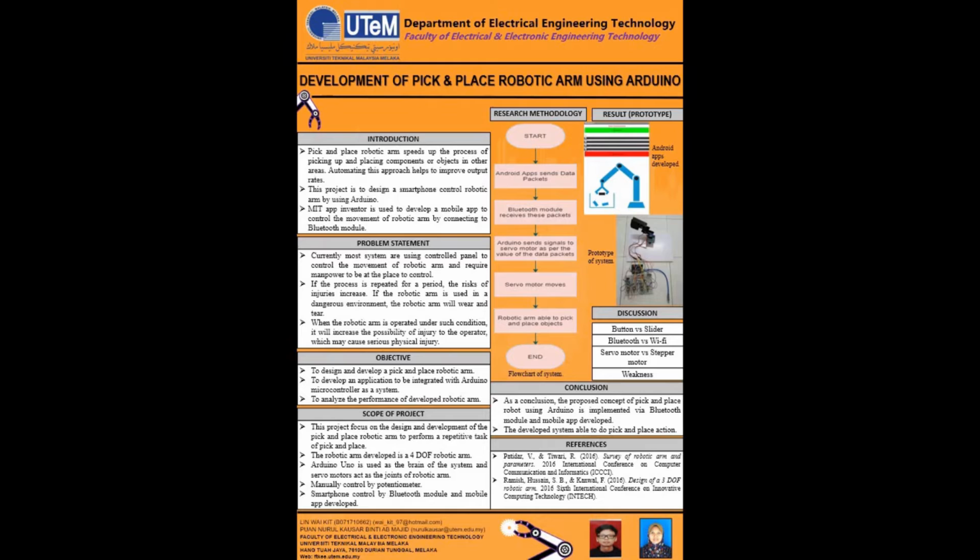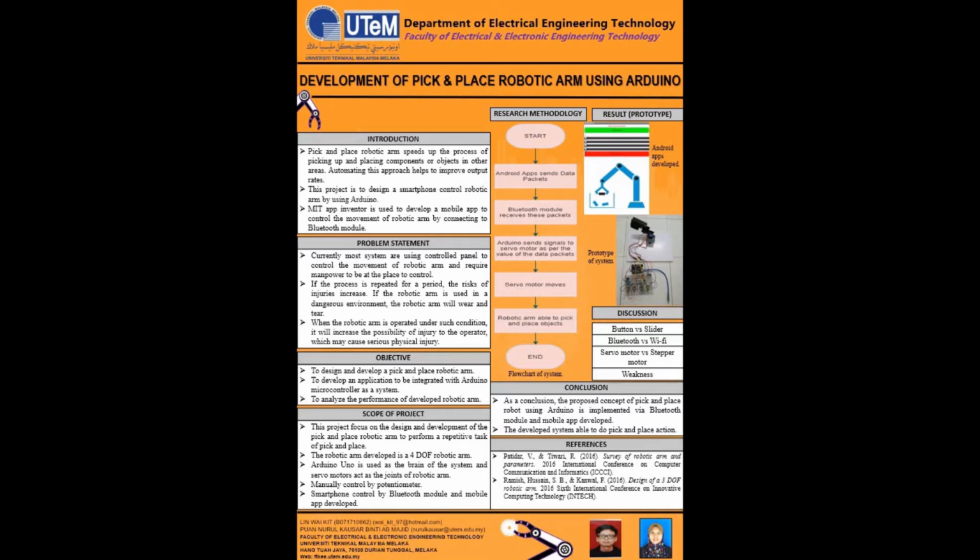In the research methodology part, the flowchart of the system developed is shown. First, the Android app developed will send the data packets, which means from the Android app, the user moves the slider to give the value of degree for the servo motor to move.